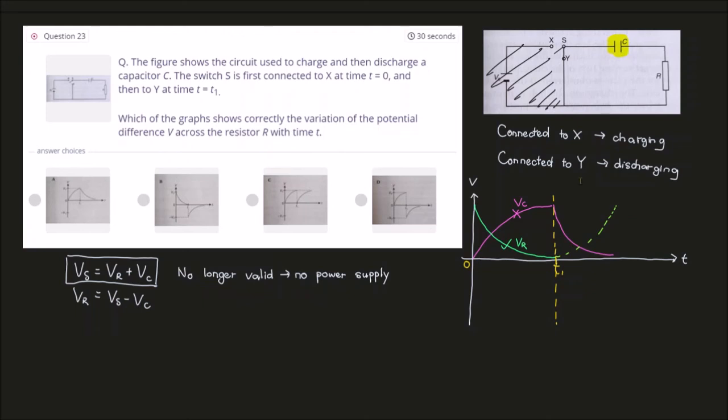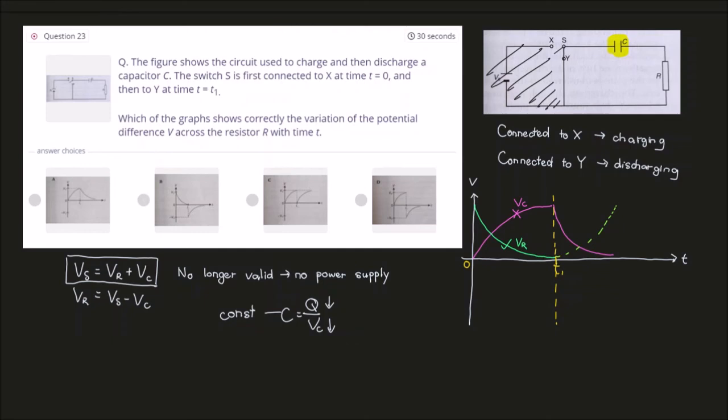We know that based on this pink line over here, the voltage across the capacitor is decreasing. So if the voltage across the capacitor is decreasing, we know from C equals Q over V, and the capacitance is constant, that the charge stored is actually decreasing.